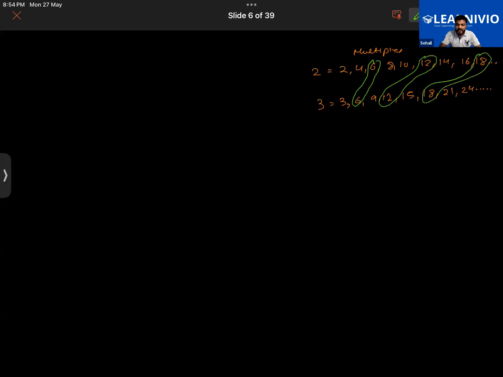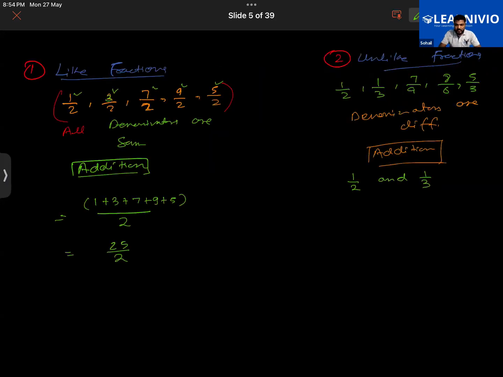Like this, you'll be having many more multiples. But if I were to ask you about the lowest common multiple, then what is the answer? 6. That would be 6 for this one. Lowest common multiple, in short, is written as LCM. Hope you have understood what LCM is.